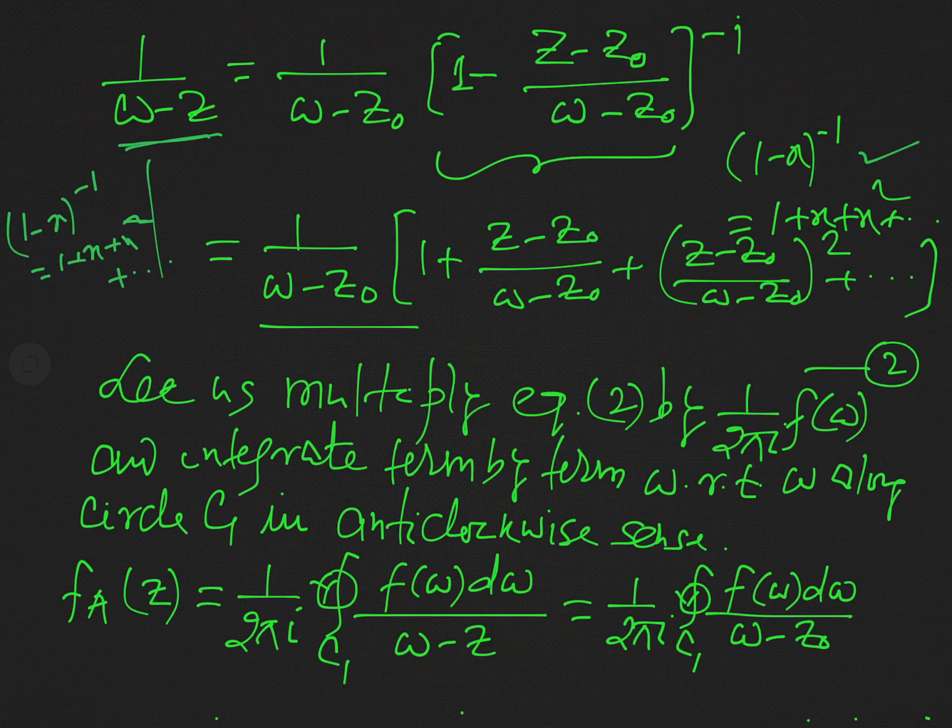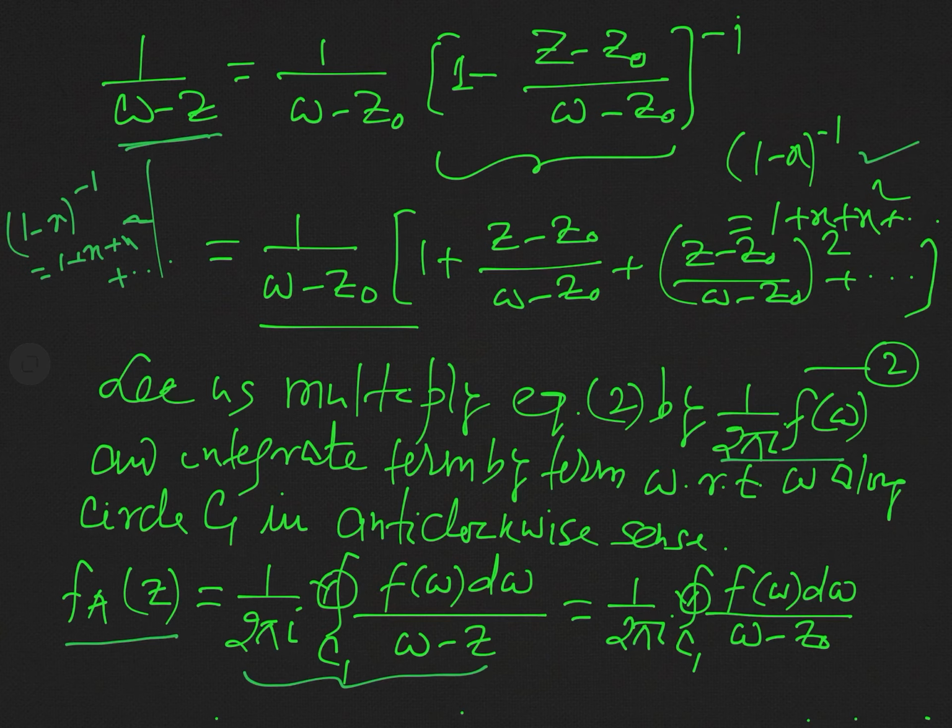I have multiplied this factor by this and integrated along the circle C1 in anti-clockwise sense with respect to w, and we know that this integral is actually what? This is actually fa of z.